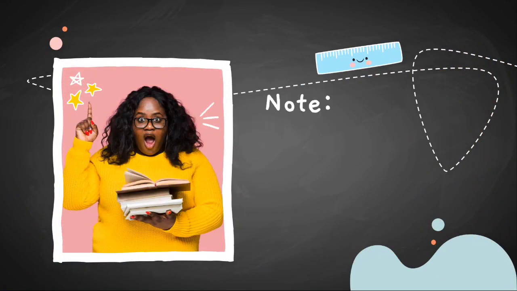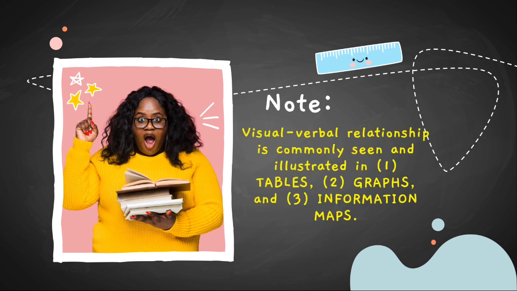Most importantly, it will help us understand information in a clear and effective way. Take note, a visual-verbal relationship is commonly seen in tables, graphs, and information maps.